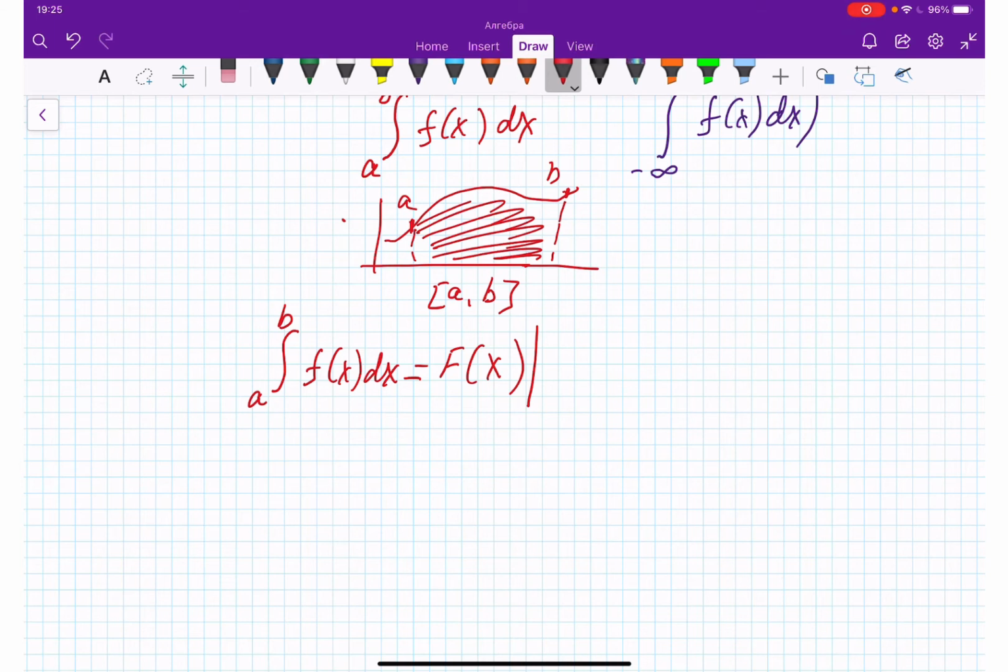See, I have square brackets, a and b. So it's going to be equal to F of b, I'm plugging the value of b instead of x, minus F of a. This we call the Newton-Leibniz formula.